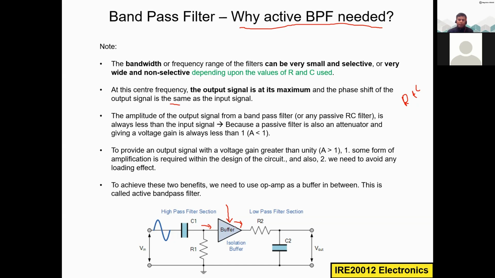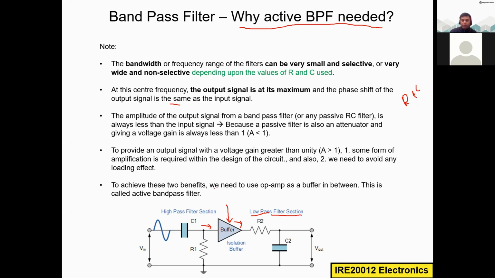The output of the operational amplifier is given as an input to this low pass filter section. In this way we avoid the loading effect, so we do not have any impedance mismatching problem between these two passive sections. And we are also getting amplification: we get the amplified signal at the output. So these are two advantages of introducing this amplifier element into the band pass filter.